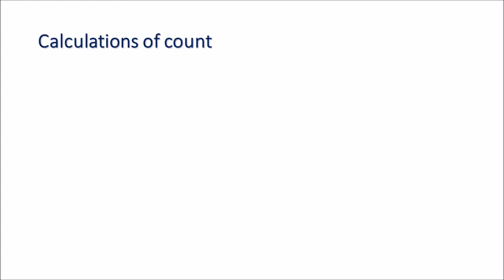Now let us understand how to calculate count, which should be stored in TL and TH count registers of timer. Now let us assume that the timer crystal frequency is 11.0592 megahertz. So timer will operate on frequency 11.0592 megahertz divided by 12.